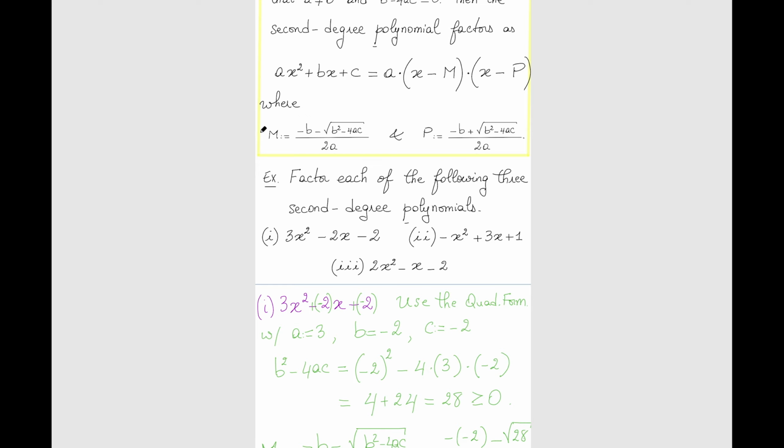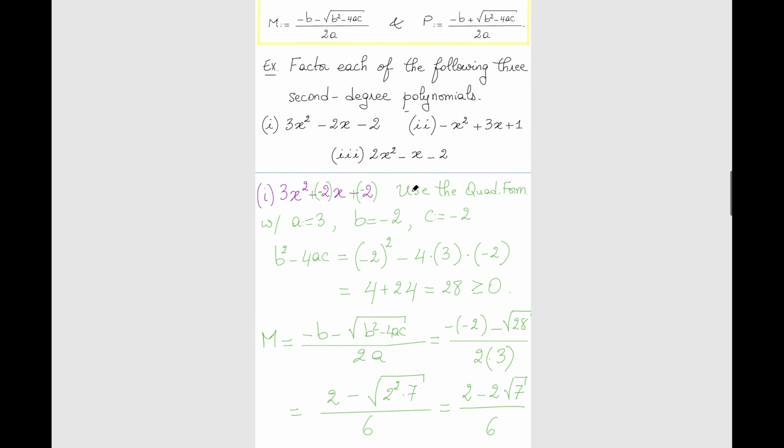And p is this, right? How is p related to m? The only difference between p and m is that this minus in m turns into a plus in p. That's the only difference. They're like cousins, right? Funny cousins or something. So this minus here turns into a plus, and that's the relationship. That's the only thing I need to tweak in m to get p.